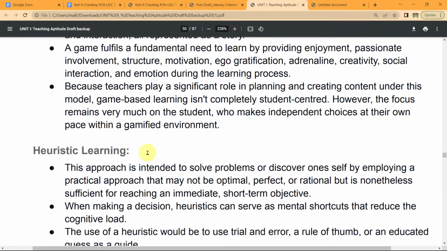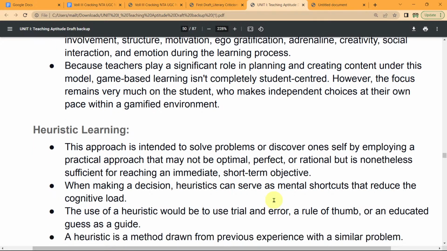Same thing is there. Heuristic, through the name you will find it a little bit hard, but remember, heuristic is something where you solve problems or discover for oneself by employing a practical approach that may not be optimal, perfect or rational, but is nonetheless sufficient for reaching an immediate short-term objective.